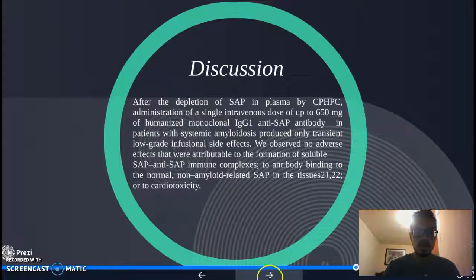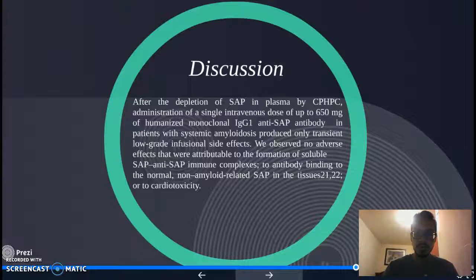Discussion. After the depletion of SAP in plasma by CPHPC, administration of a single intravenous dose of up to 650 milligrams of humanized monoclonal IgG1 anti-SAP antibody in patients with systemic amyloidosis produced only transient lower-grade infusional side effects.